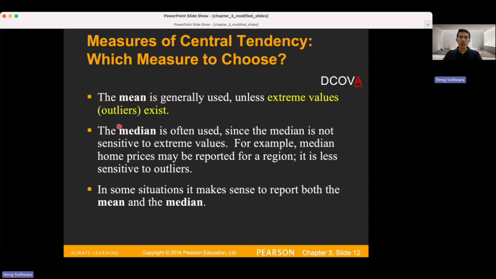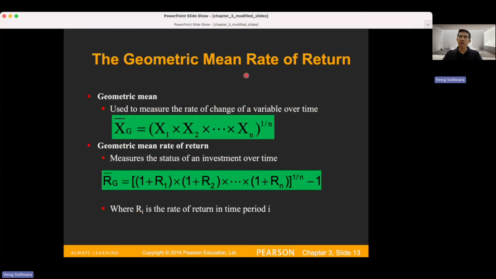Now let's move to another kind of mean. We have the general mean that we usually call the average, which comes from the sum of all the values divided by the sample size. But now we have a different kind of mean we call the geometric mean. This is the multiplication of those values together, raised to the power of 1 over n.